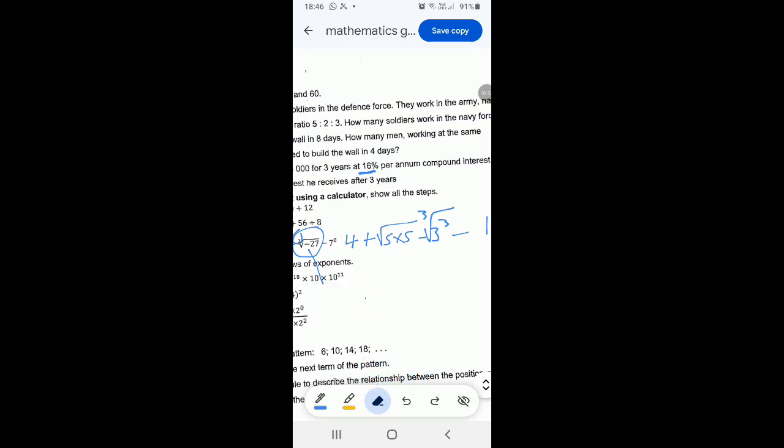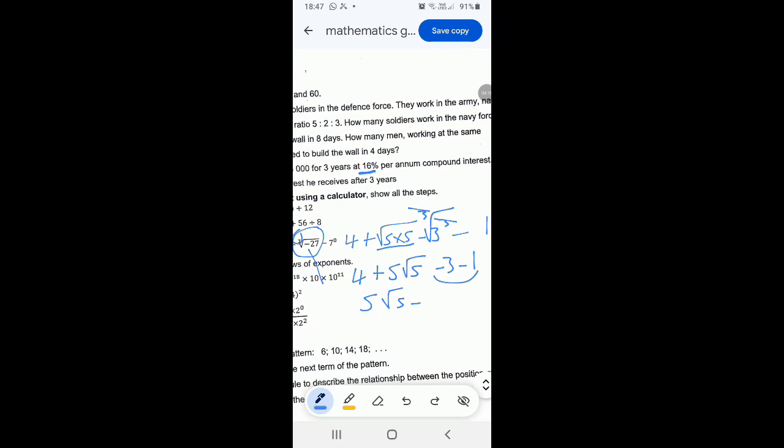Okay. We have 4 there. Plus, what happens here? 5 has to come out of the square root, and then another 1 there. The next one, cancel those. You are left with minus 3, then minus 1. Okay. Then 5 square root of 5. Simplify this with a calculator.